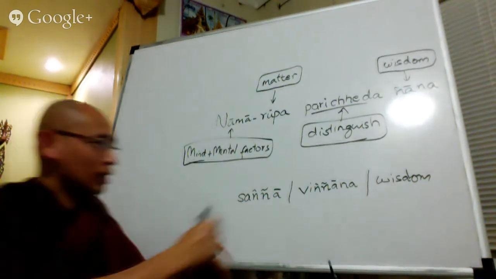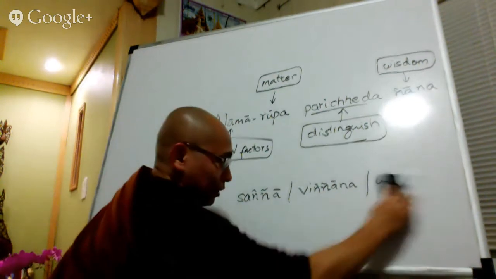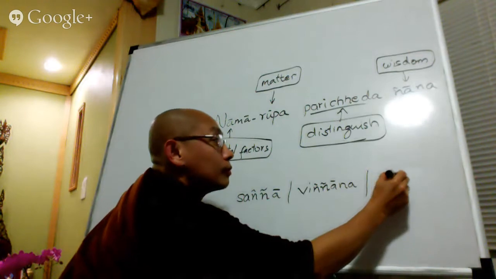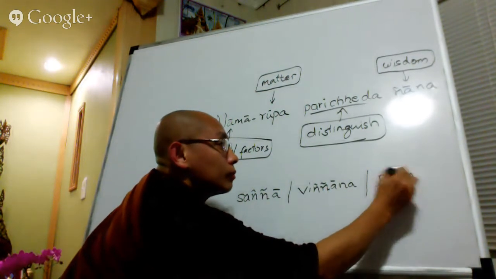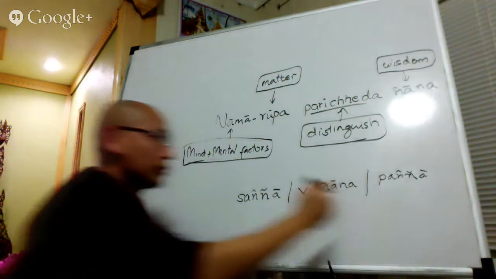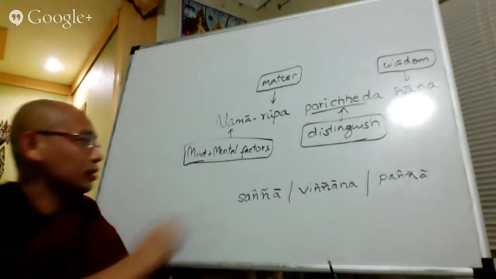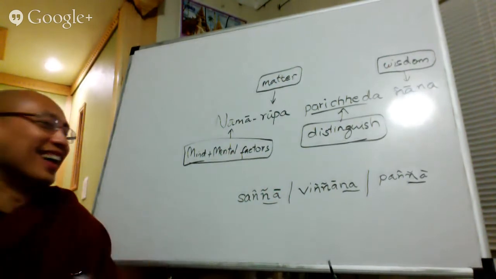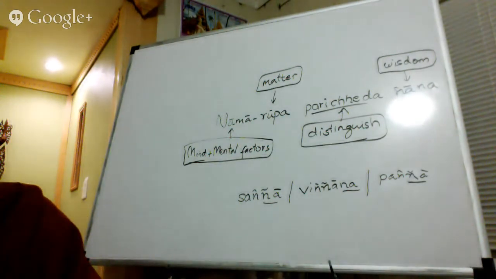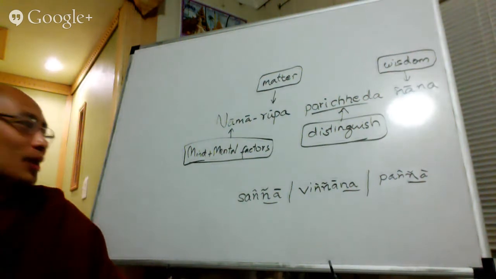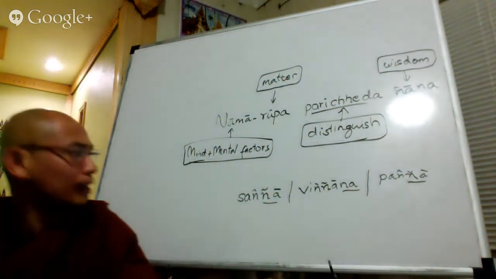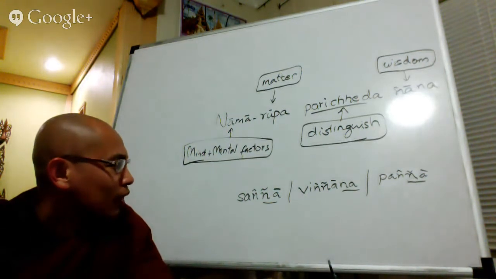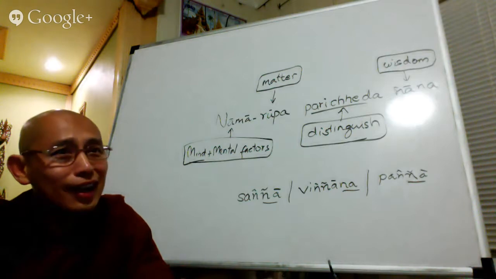In Pali, wisdom is panna. So sanna, vinnana, and panna, all are na. Sometimes we confuse sanna, vinnana, or panna, which one.